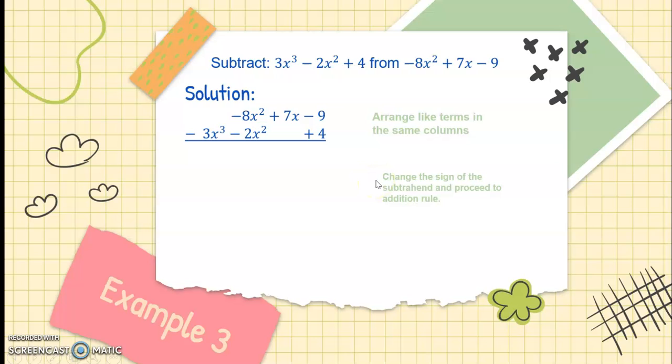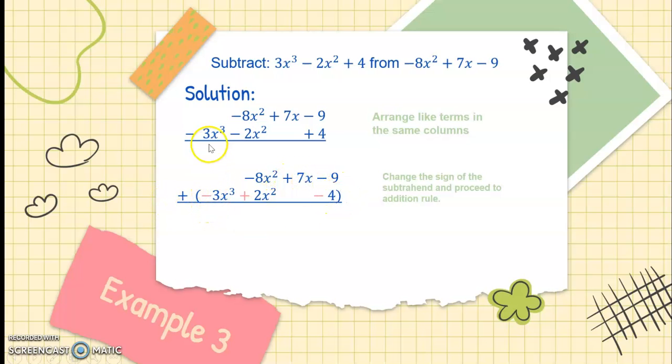Okay, so let's now follow the rules in subtracting polynomials. We have to change the sign of the subtrahend and proceed to addition rule. The subtrahend here is the second term, which is 3x cubed minus 2x squared plus 4. So, islan ta na siya. Ang buwa niya sina, that is negative 8x squared plus 7x minus 9.